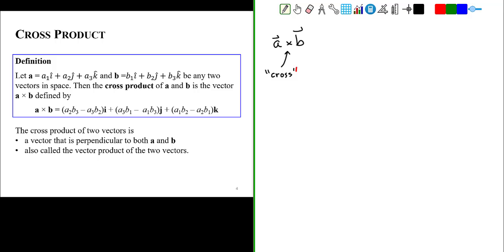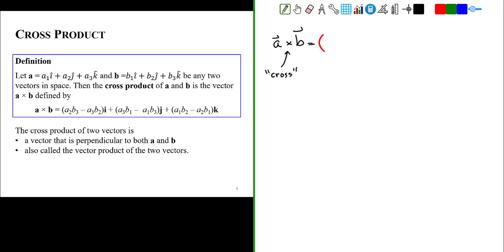So we call that multiplication symbol a cross because it's two lines that are crossing each other. Now, the cross product is a vector. So it's a vector with an x component, a y component, and a z component.